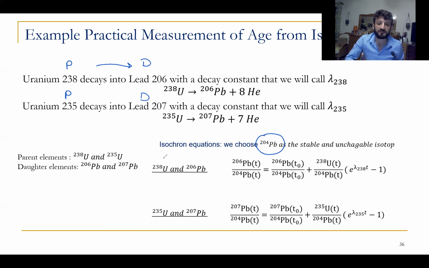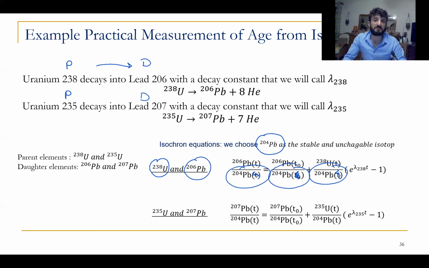First of all, we have uranium 238 and Pb 206 as a stable atom. We write the isochrone equation and we divide by Pb 204. Here I have a mistake. We don't have T0, because the number of Pb 204 is the same at a time T and at a time T0.